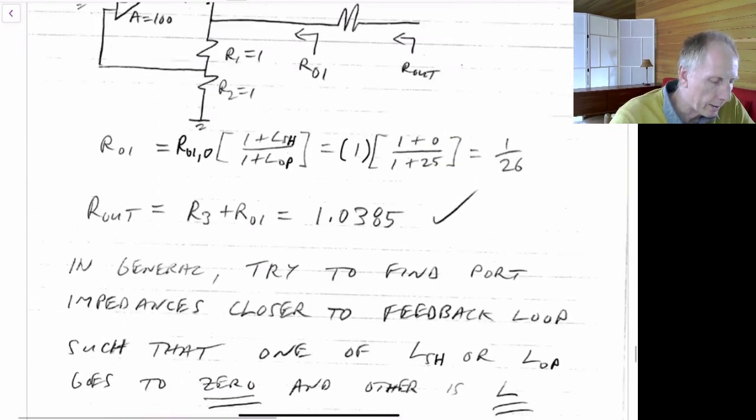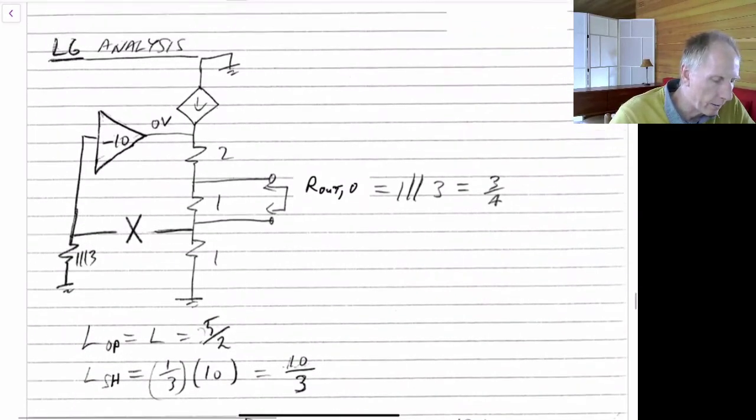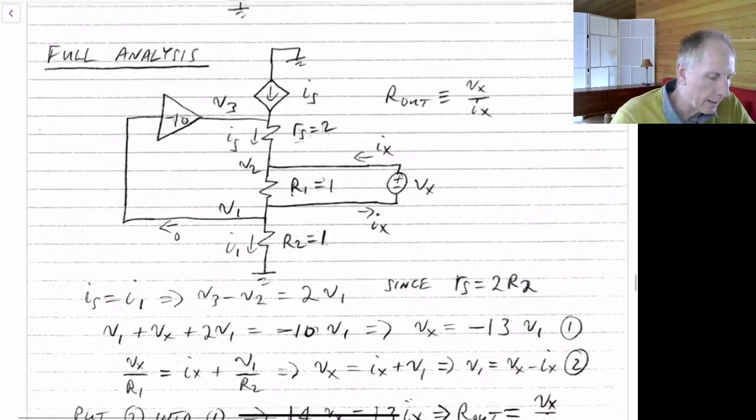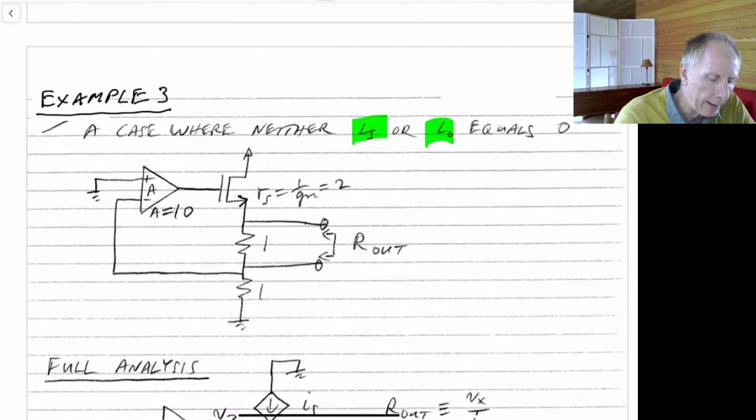So let's revisit example 3. We took a little bit of time in this example here, where we found that we needed to find both L sub SH and L sub OP.